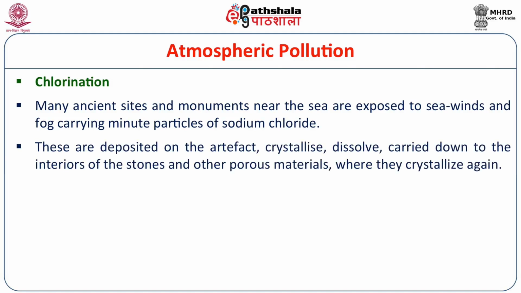These salts are deposited on the artifacts, on the sculptures, and then crystallize, dissolve, and are carried down to the interiors of the tombs and porous materials, where they crystallize again.